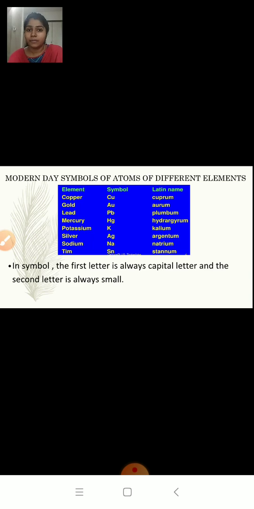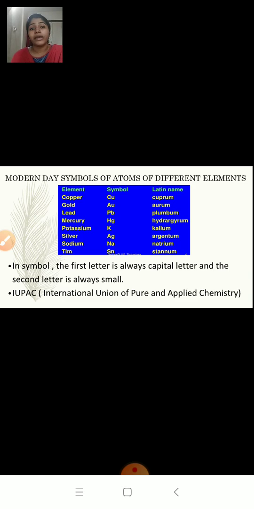So the point to remember, when you are writing a symbol, the first letter is always capital and the second letter is always small. Nowadays, the name and symbol of all newly discovered elements are approved by an organization called IUPAC.